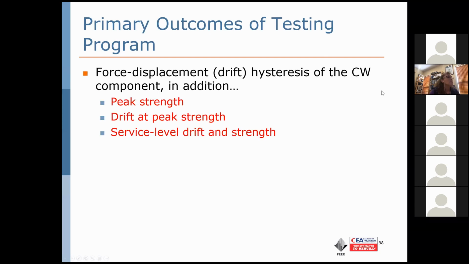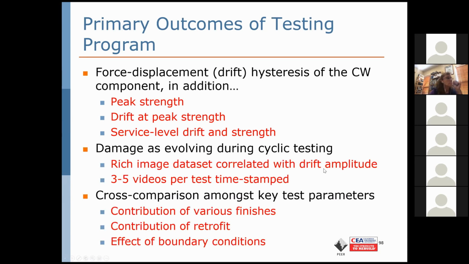So the outcome of this program from UC San Diego's perspective was really to develop force displacement hysteresis of the cripple wall as a component, eyeing in on the key parameters of strength, drift at strength, and as well the service level drift and strength.